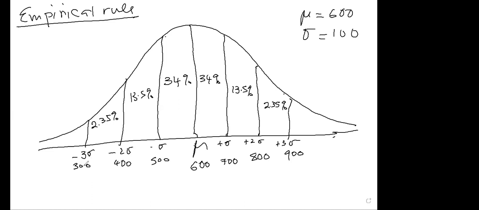So if I ask you the question, using the empirical rule, what is the probability that a value will be between 600 and 700?